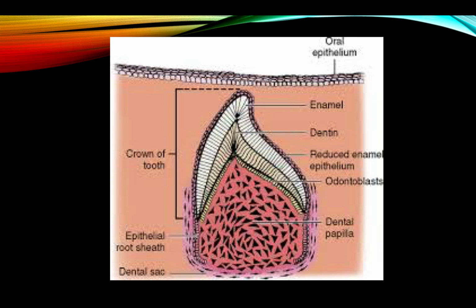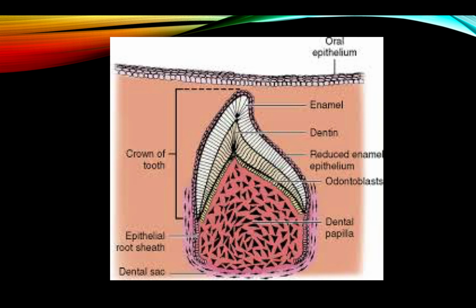Now, their importance comes from the fact that irritants and microorganisms can migrate through these lateral canals from the dental pulp to the periodontium. So they act as avenues or pathways of communication between the dental pulp and the periodontium.